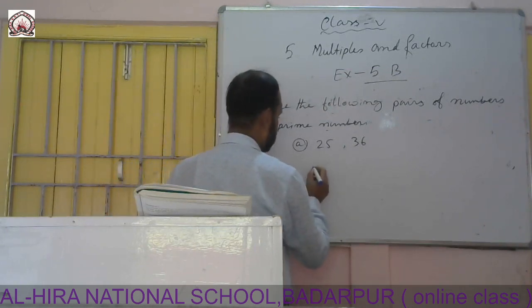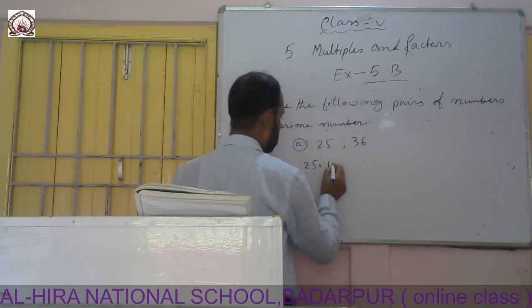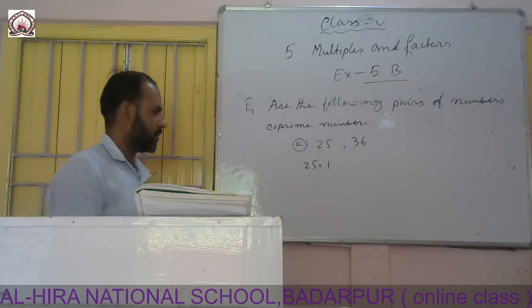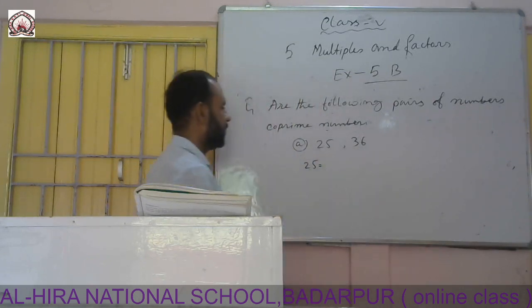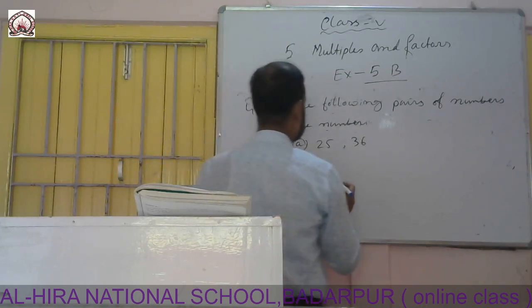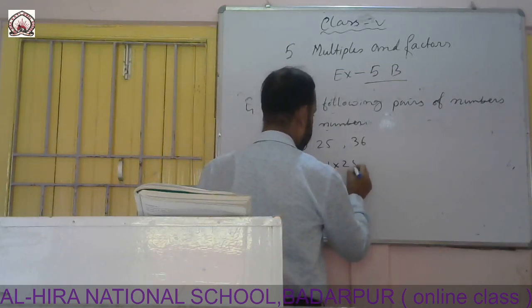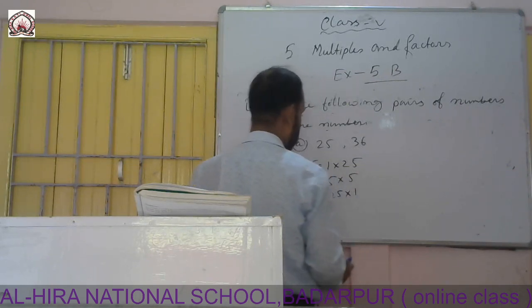So we take out the factors of 25: 1 into 25, 5 into 5, 25 into 1.